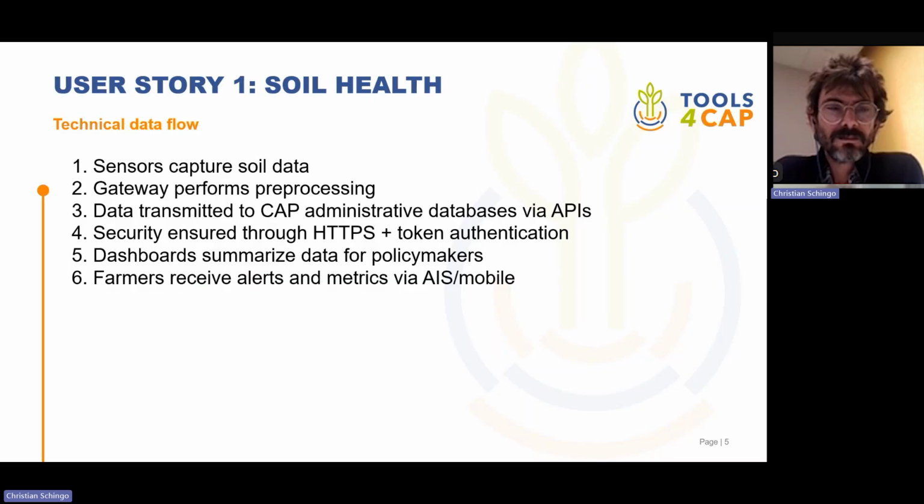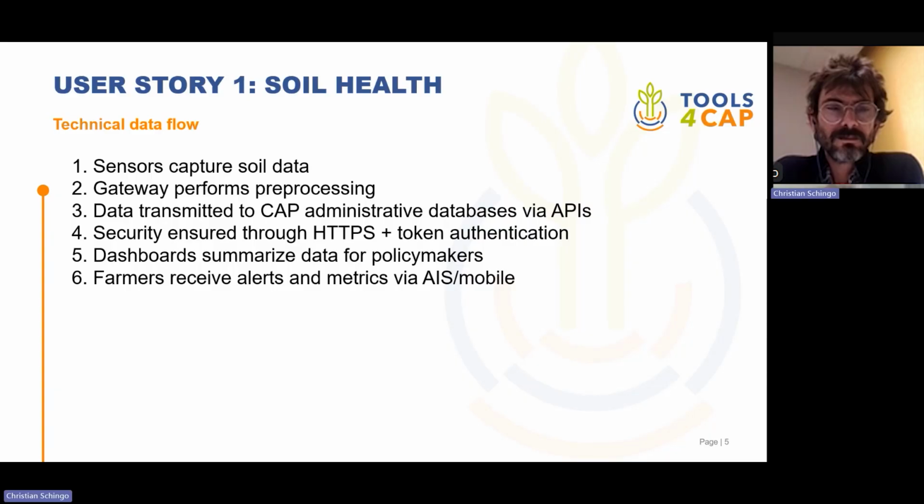This is the technical data flow that we envisage for this soil health. Basically, the sensors capture the soil data in the field. Then there is a gateway that performs the processing of this data. The data is transmitted to the CAP administrative or statistical database via APIs.